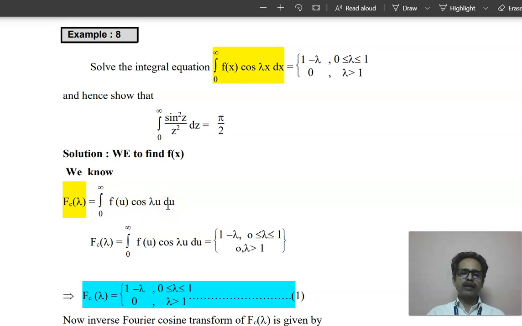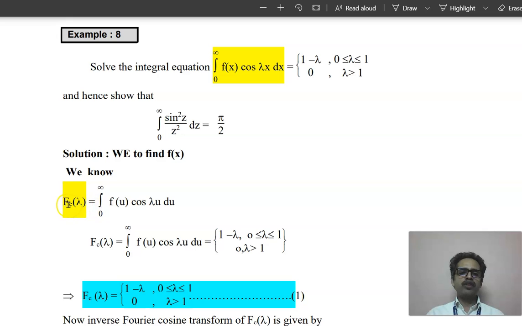You know, the variable does not matter in a definite integral. Here u is the variable of integration, and here x is the variable of integration. I want to say that this integral and this integral are the same. Hence this integral is taken as Fc lambda.